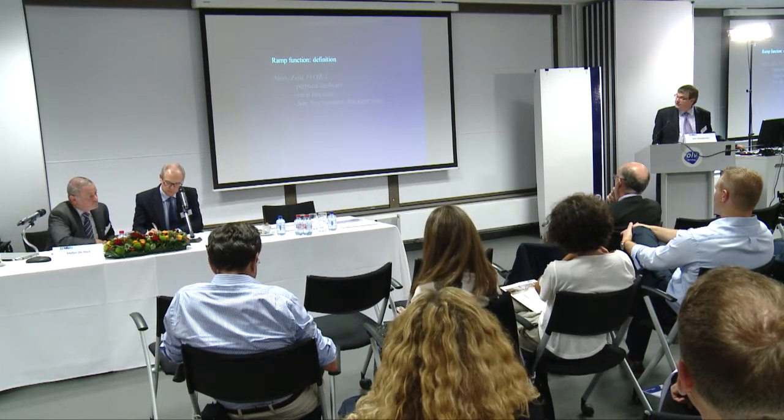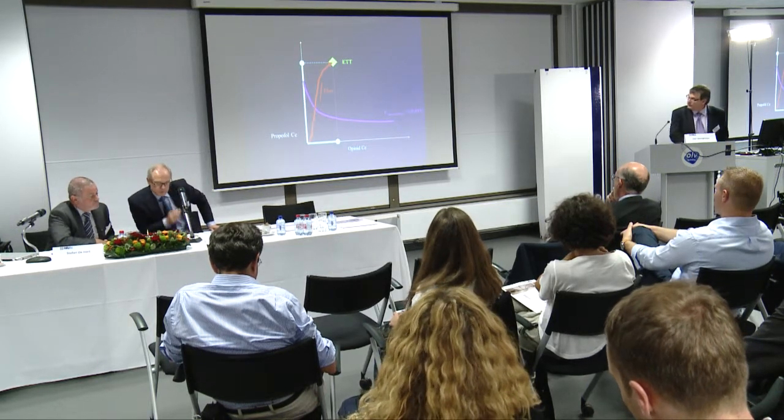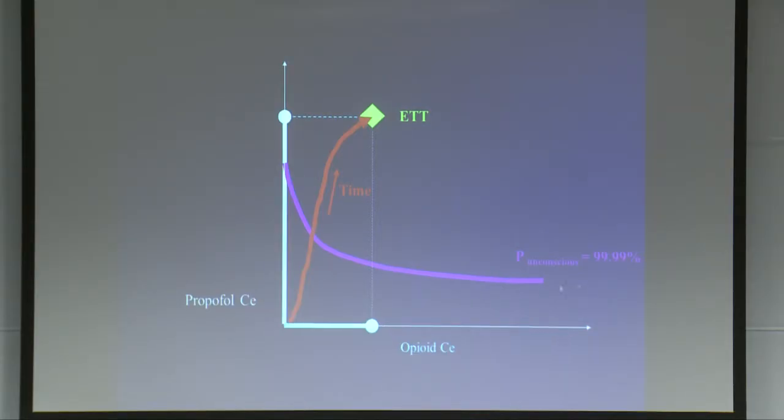Again, the previous speakers have made it very easy to define the ramp function I'm talking about. This here is the opioid axis, and the hypnotic axis. You give your IV induction, and you get to a certain isobol that's adequate for endotracheal intubation.